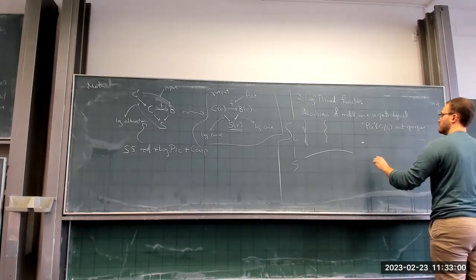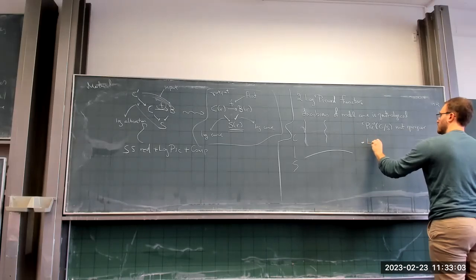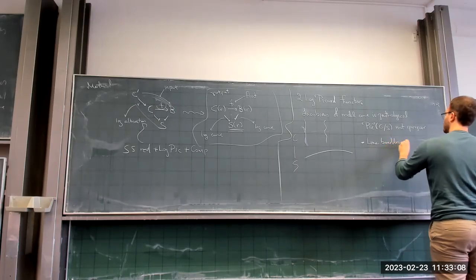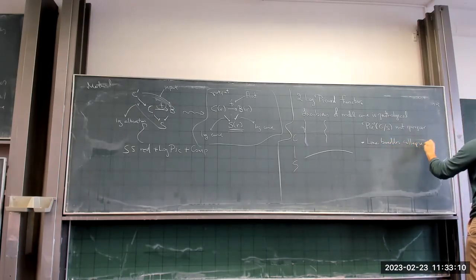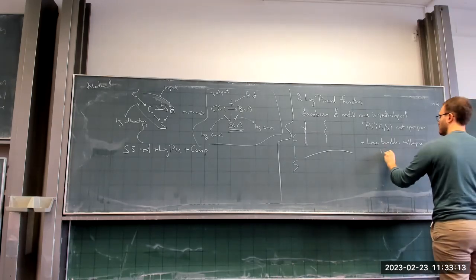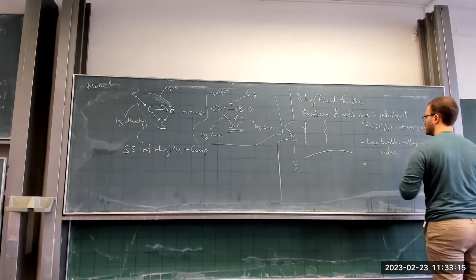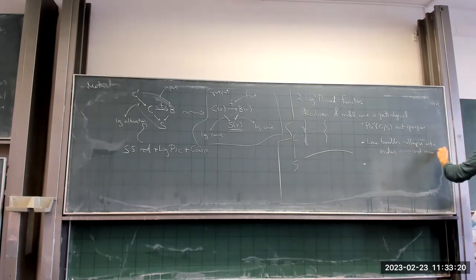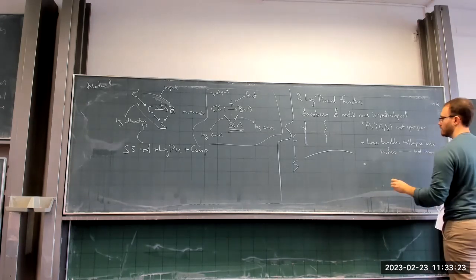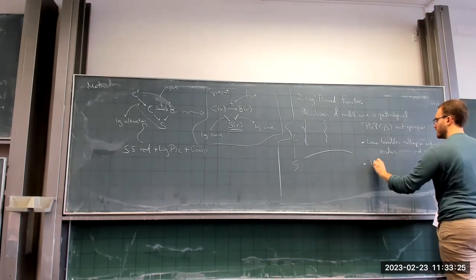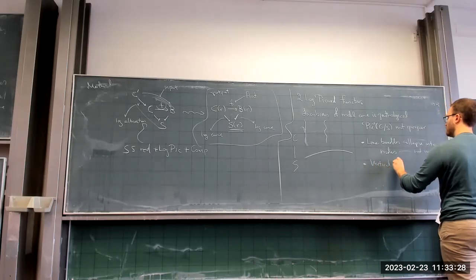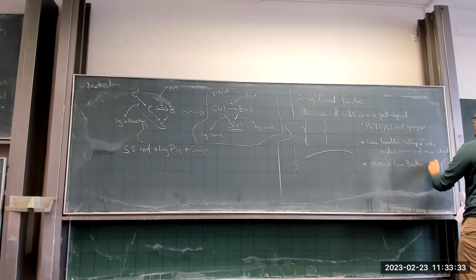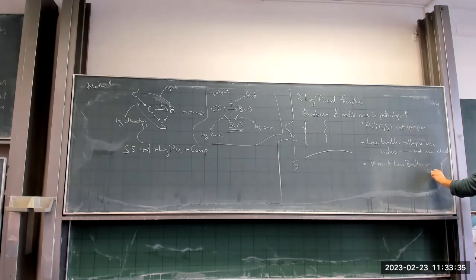So line bundles collapse into nodes. That's one pathology which causes not universally closed. And the other pathology is vertical bundles. This causes lack of separatedness.